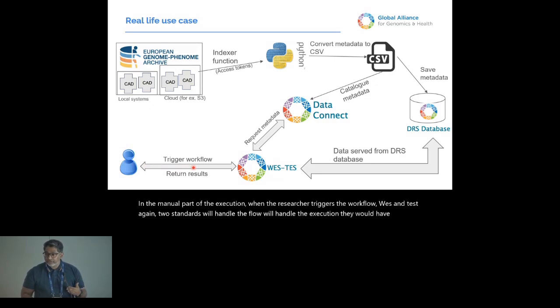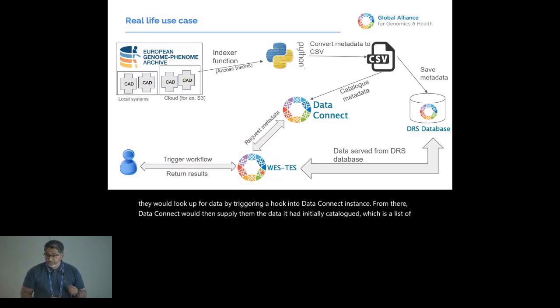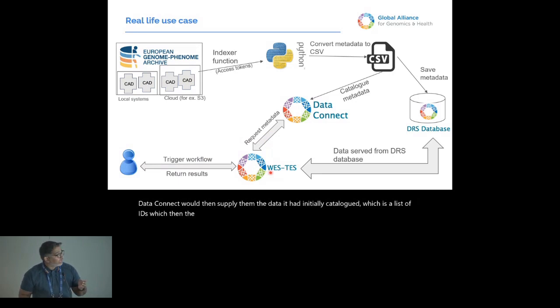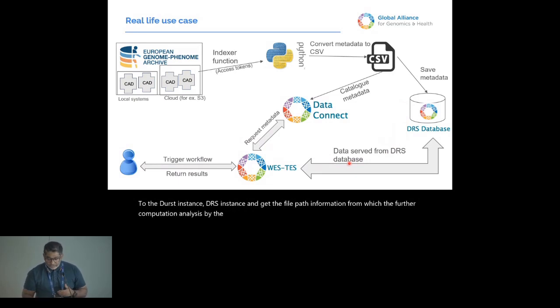They would look up data by triggering a hook into the Data Connect instance. From there, Data Connect would supply them the data it had initially cataloged, which is a list of IDs, which the TES and WES instances can then use to connect to the DRS instance and get the file path information, from which the further computation analysis by the researcher can go on and then finally return the results to the researcher. So this is the ideal framework.